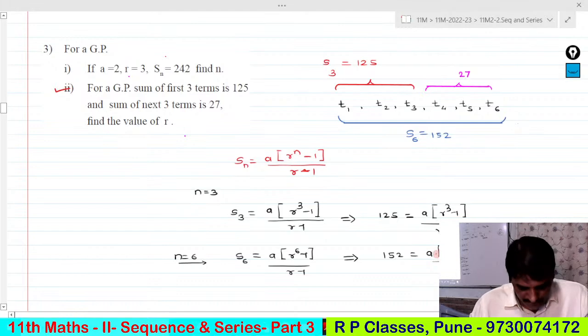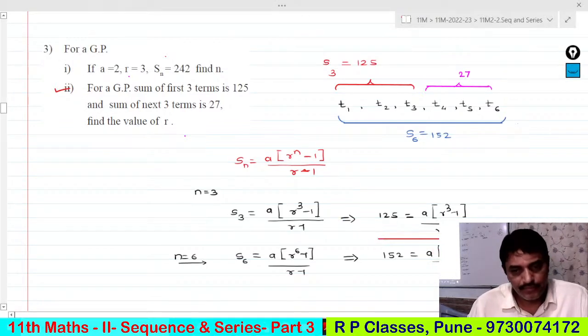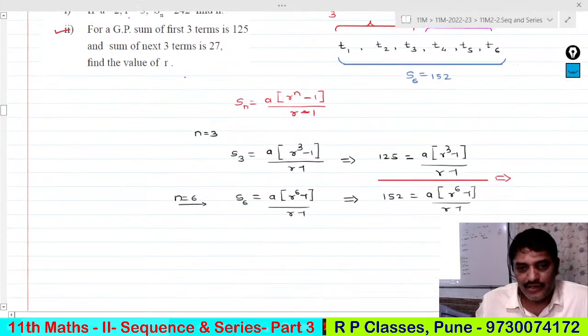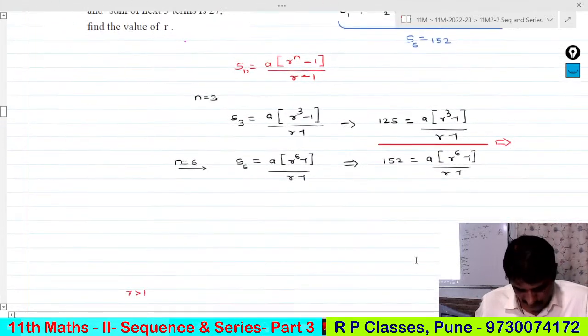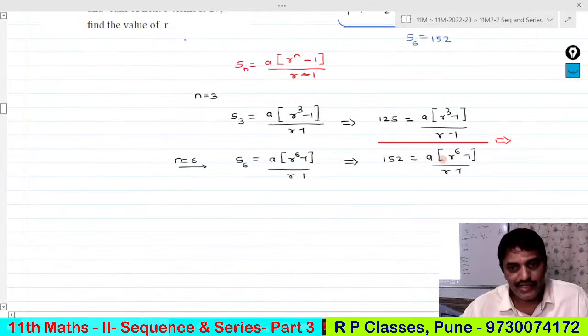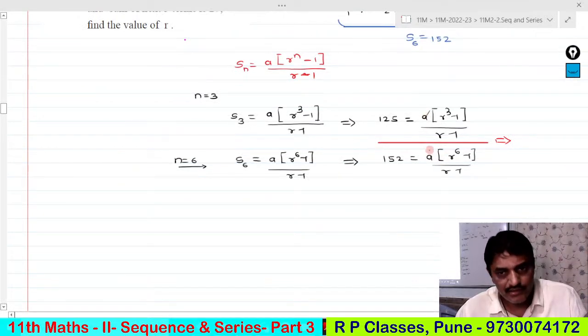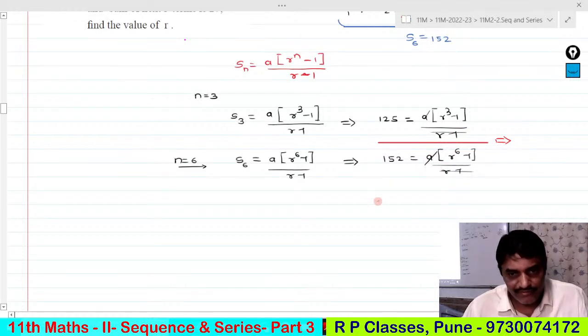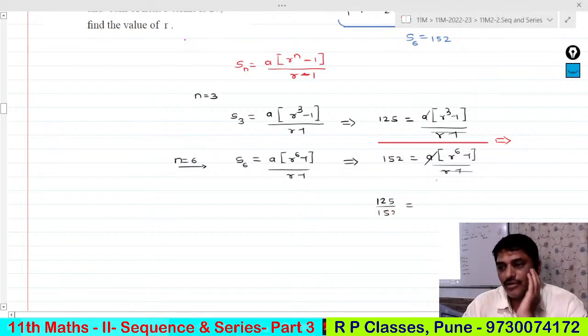Now what I'll do is I'll divide both these equations. समझे क्या? अगर इनको डिवाइड करेंगे तो क्या मिलेगा? कुछ कैंसिल होगा क्या? बिल्कुल होगा. क्या कैंसिल होगा? a कैंसिल हो जाएगा. यस. तो क्या बचेगा? 125 upon 152 is equal to... हाँ इसका क्या करोगे आप बताओ?